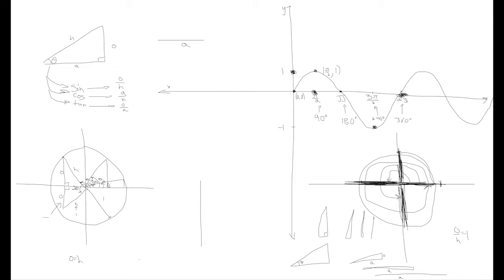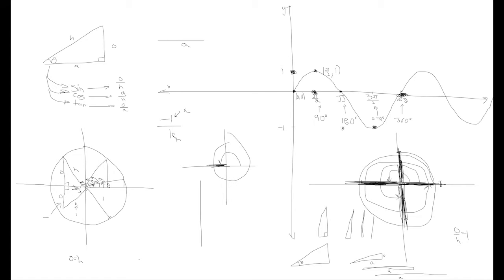We've gone all the way 180 degrees to get this horizontal line, but it's to the left of the y-axis, so it's going to be negative. It's going to have the same magnitude as the hypotenuse, but it's going to be negative now. So we get -1 divided by 1. This is the hypotenuse, this is the adjacent side, okay? And we end up getting -1. So we can graph -1 here.